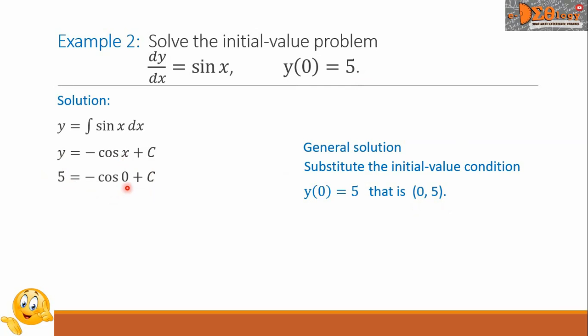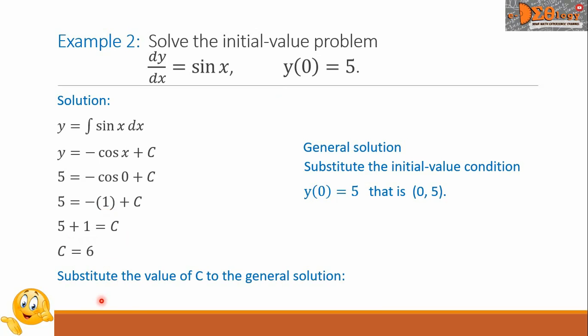The value of cosine 0 is 1, so we have here minus 1. And this negative 1, we will transpose to the left side, it becomes positive. 5 plus 1 equals 6, so the value of c equals 6.